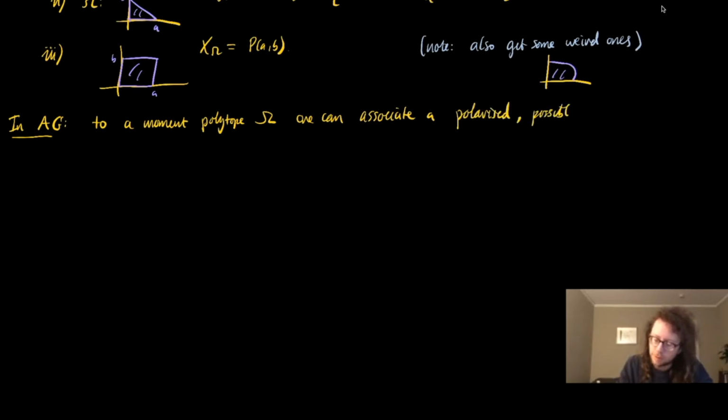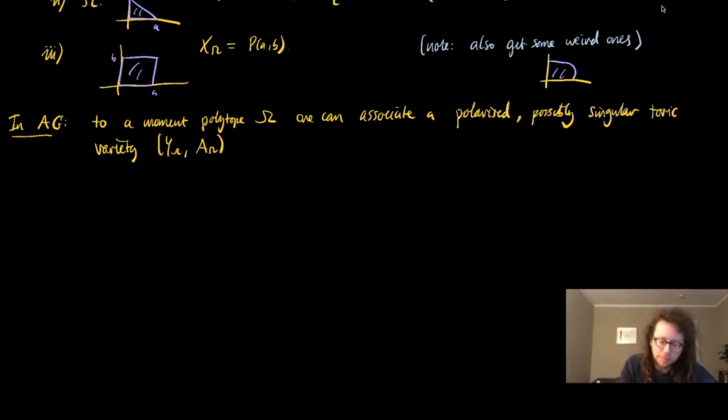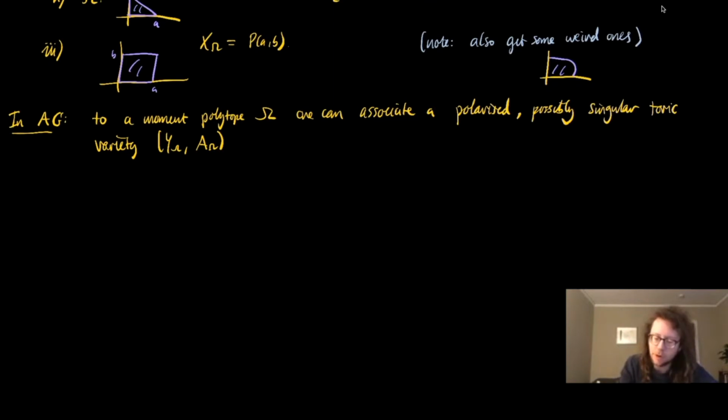Let me also say possibly singular. Which I'll denote by Y_omega, A_omega. I'm not going to spell out this construction part because I suspect it's familiar to many of you. But this I will write down, or I will describe its moment map.